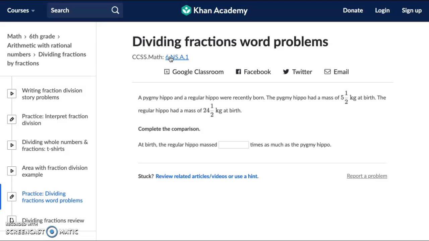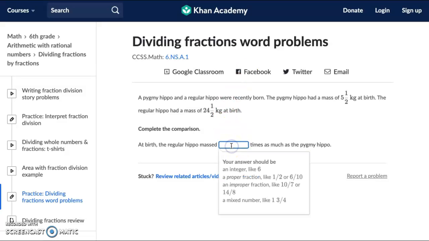Let's say you've taught this lesson twice now, and maybe you need to take a step back even to the 4th grade, and then the 5th grade, and then revisit the 6th grade concept that you're trying to teach. Love Khan Academy for so many reasons. At the conclusion, you're going to click in here, but as soon as you do, it says your answer should be.